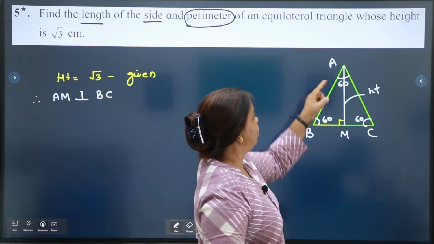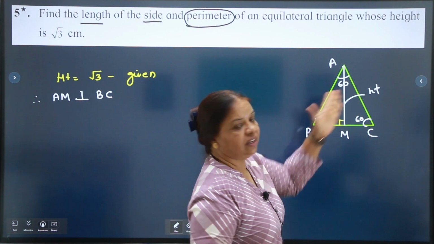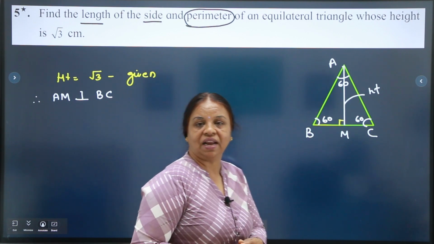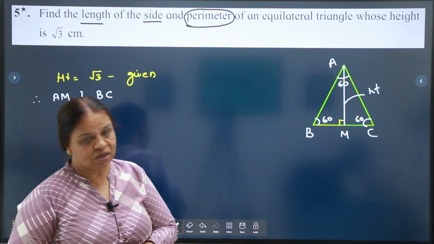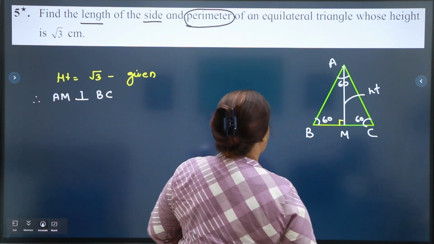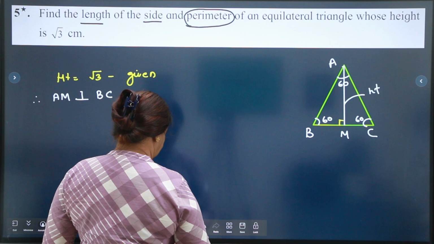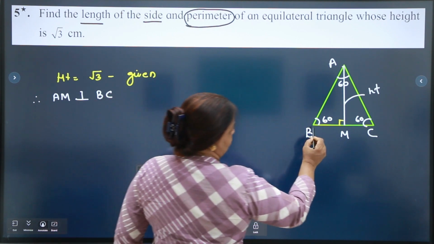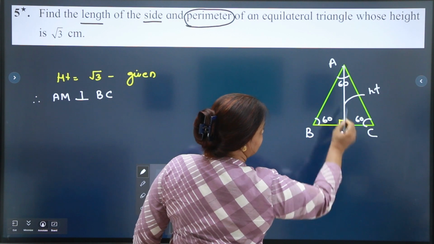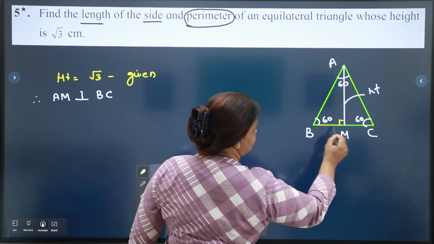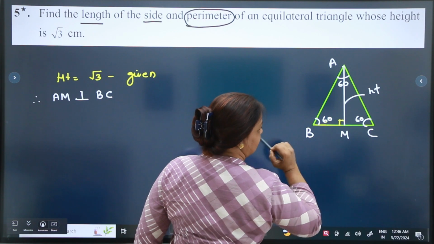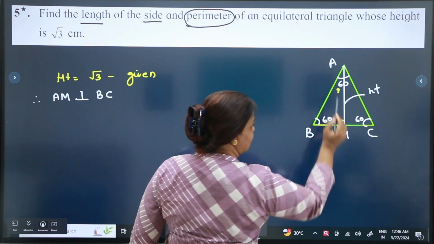So we want to find out the side of the equilateral triangle, and in an equilateral triangle all sides are equal. So here we know each angle is 60. Let's take this small triangle. This is 90, this is 60, and what will be this angle?